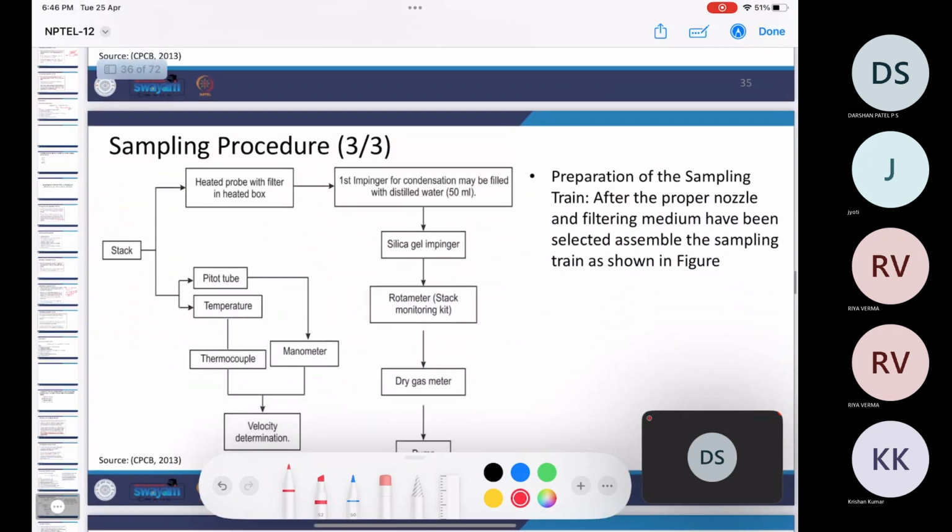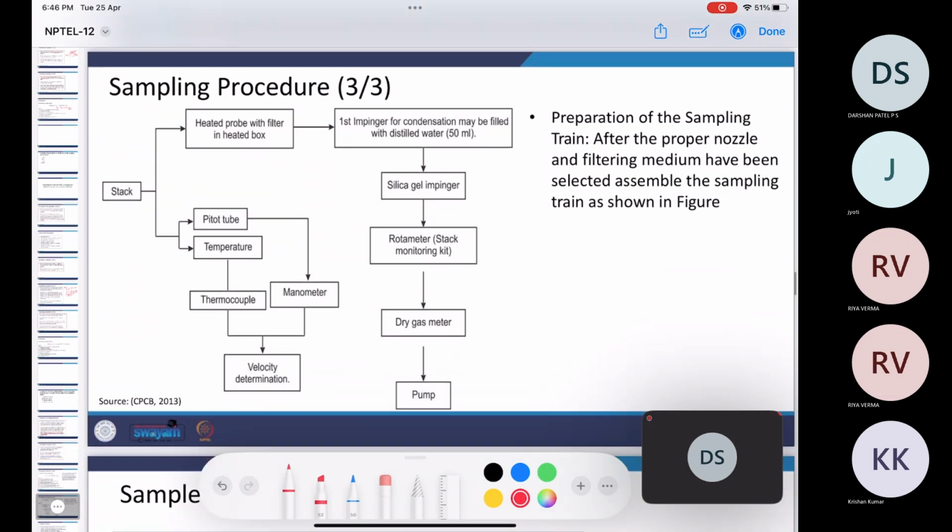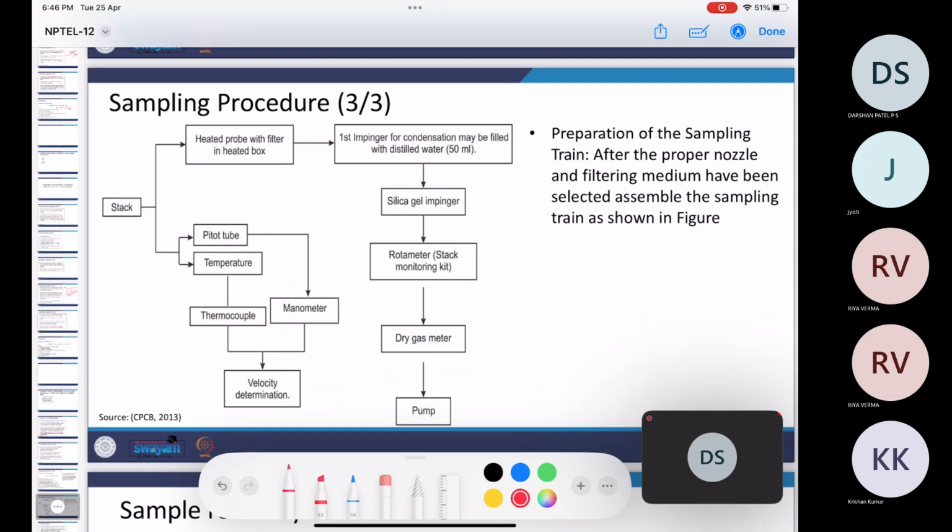Now, how is the sampling train prepared? The sampling train is prepared as shown in this figure. From the stack, we have a heated probe with a filter in a heated box. Then we connect the first impinger for condensation, which may be filled with some distilled water.